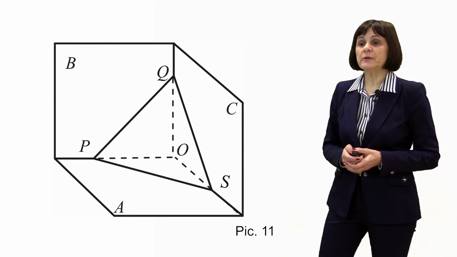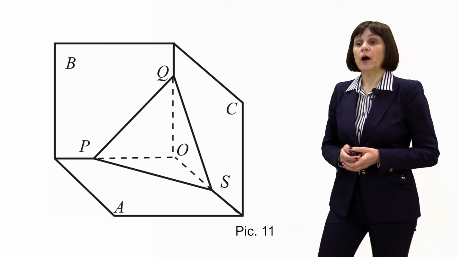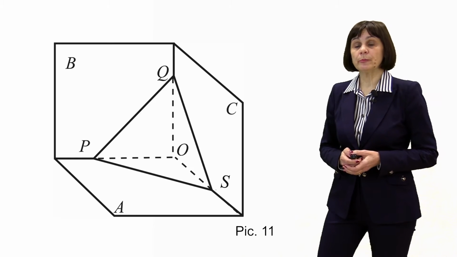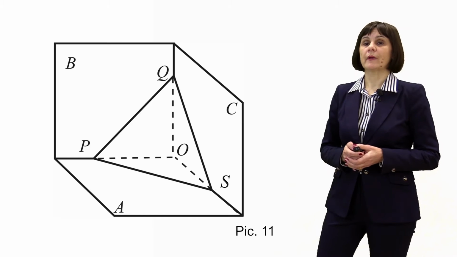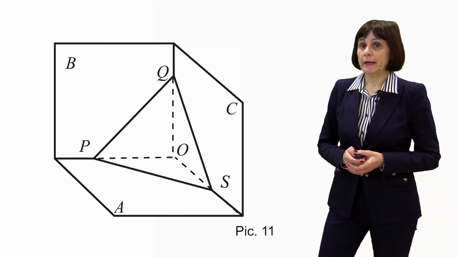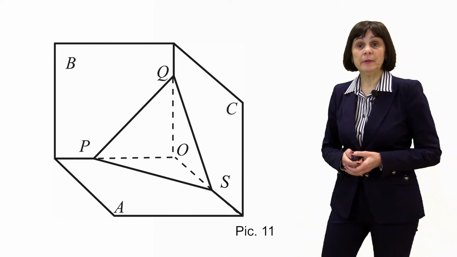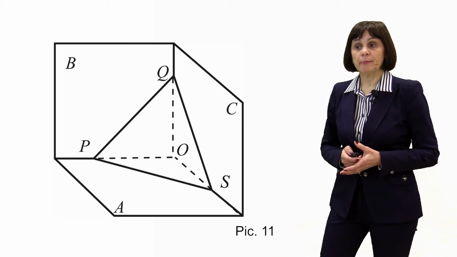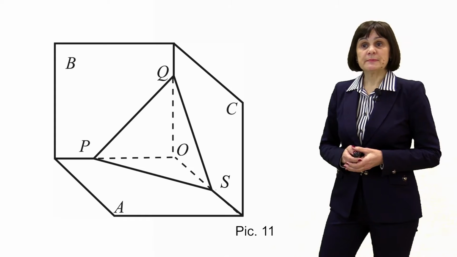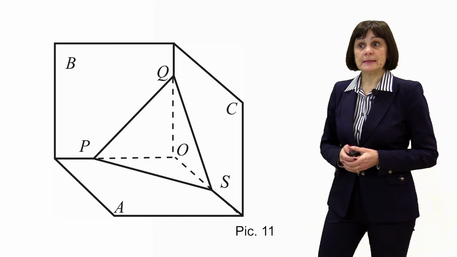We have three projection planes. Horizontal plane is marked with letter A. Frontal plane is marked with letter B. And profile plane is marked with letter C.